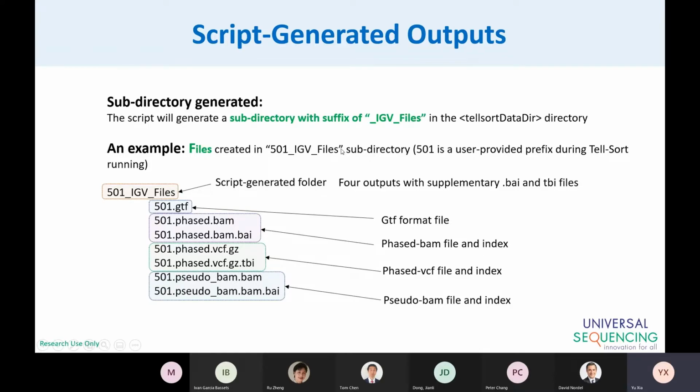For example, if you provide a prefix 501, then under the tail sort data directory, you will generate a 501_IGV_files subdirectory. And under this subdirectory, all the results from that Perl script will be saved.